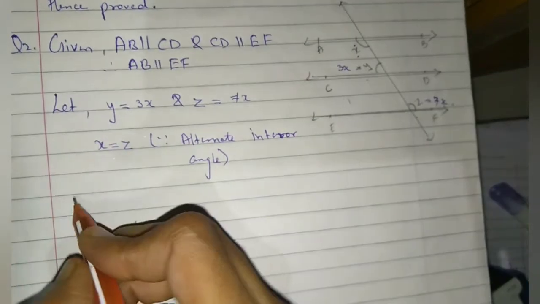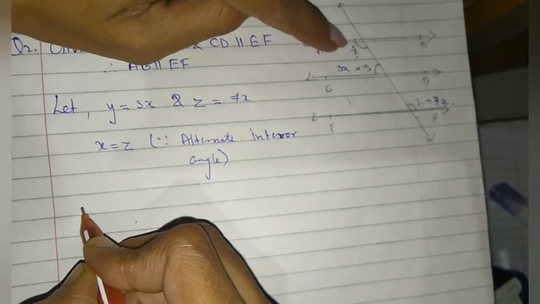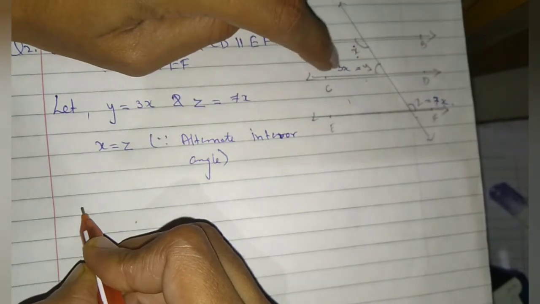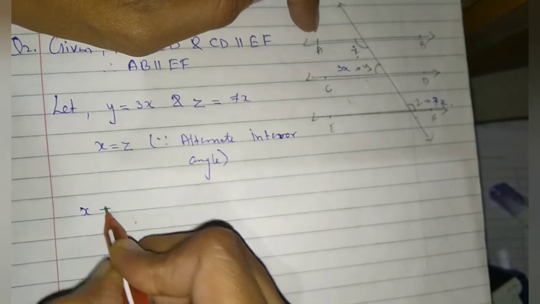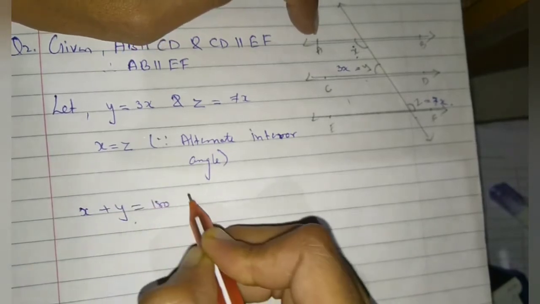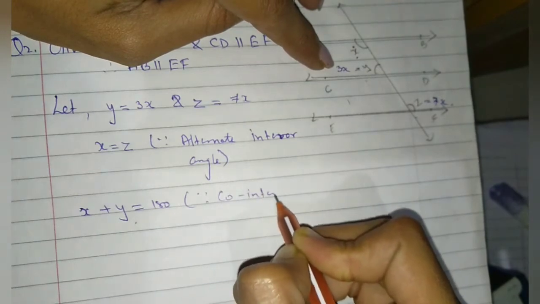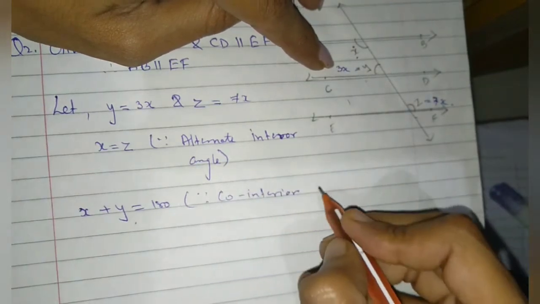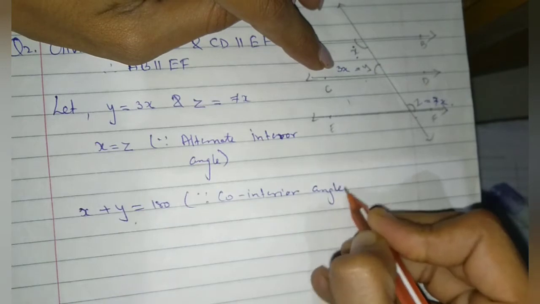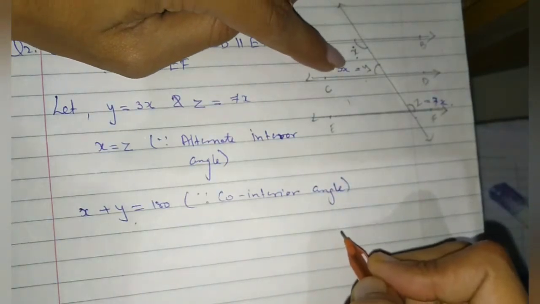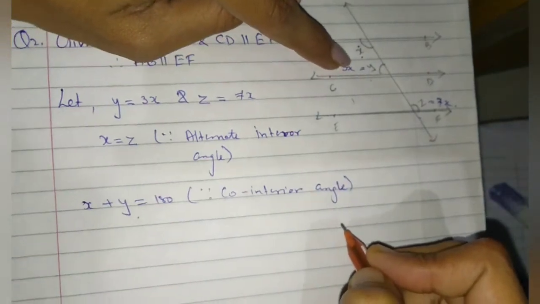Now let us write x plus y equal to 180. Why? Because co-interior angles. If we add co-interior angles, then it is equal to 180.